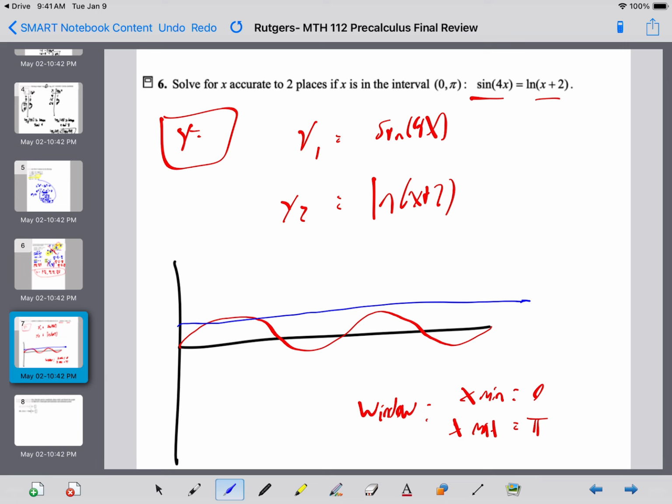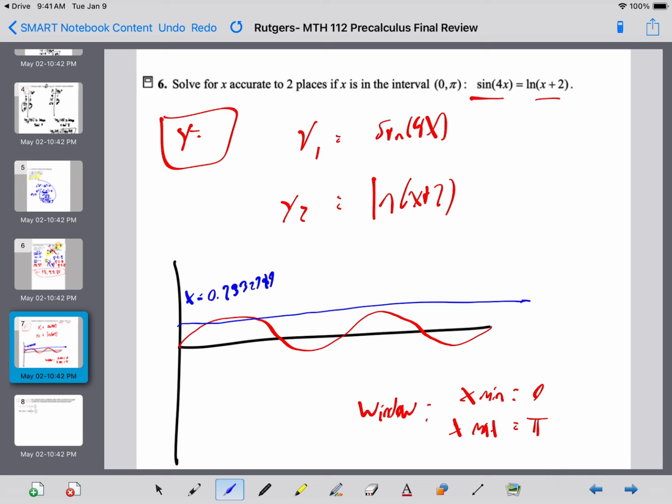Second trace, intersect. I'm going to scroll to the left of where I think the point of intersection is. Scroll to the right, enter, and I get x equals 0.2332749.